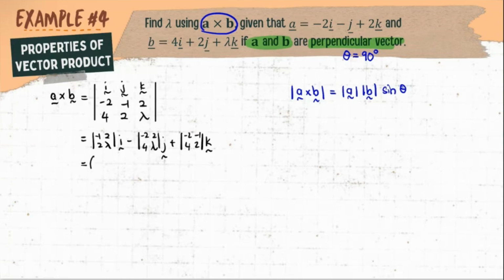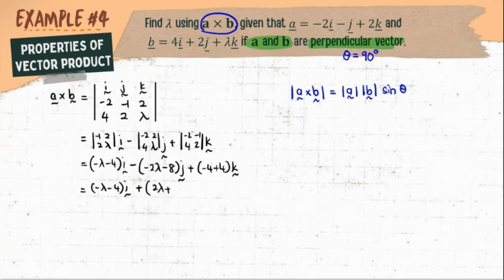And the operation here will be negative lambda minus 4 i minus negative 2 lambda minus 8 j plus negative 4 plus 4 k. So we have 2 je lah. Negative lambda minus 4 i minus 2 lambda plus 8 j. Okay, k kita kosong. Okay, so ini adalah kita punya A cross B.